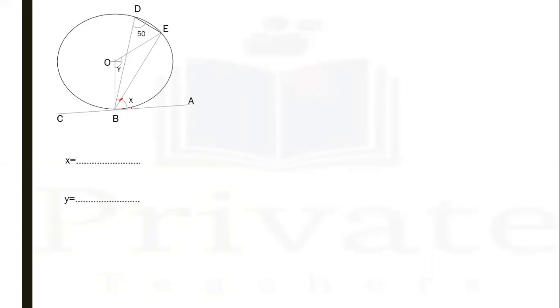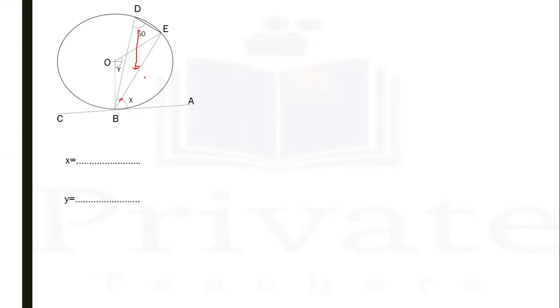So the angle included between a tangent and a chord equals the circumferential angle which is made on that chord. So the angle x is equal to 50, because it is the circumferential angle made on this chord BE.